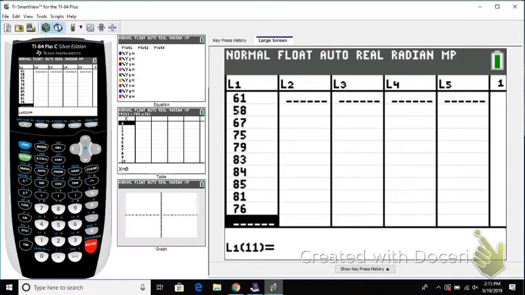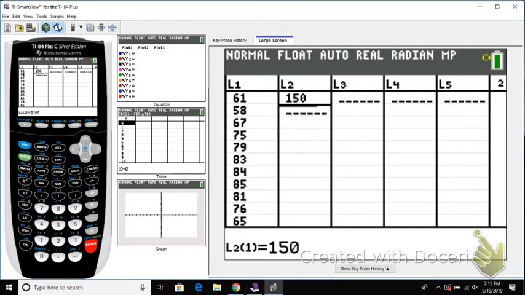And then for L2, do you want us to put the bill? Yep. Okay, so I put in all of my data in L1. For L2, you can just hit the right button over. This button right here will take you up to the top of L2, and you're going to put in all of the electric bills. Now, this is where you've got to be really careful typing in. You need to make sure you've got an L1 for every L2 and an L2 for every L1.